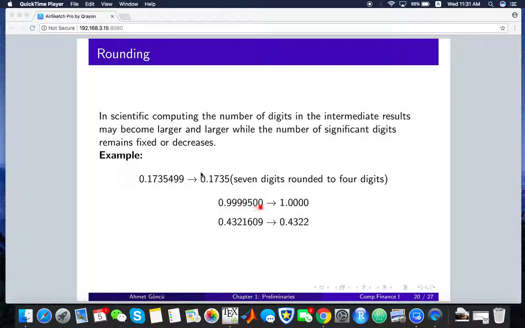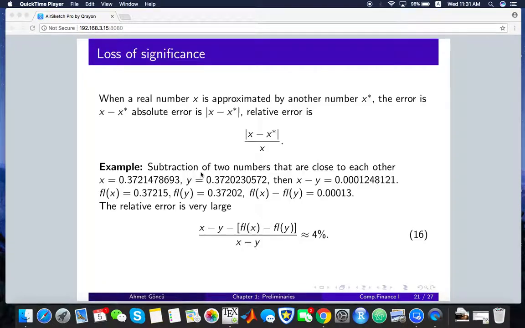Or if you have another number like this, it will be rounded to 1.000, and similarly for the others. So there's some rounding happening because we have a finite amount of memory to store the digits of these numbers. The important thing is we need to think about the loss of significance.